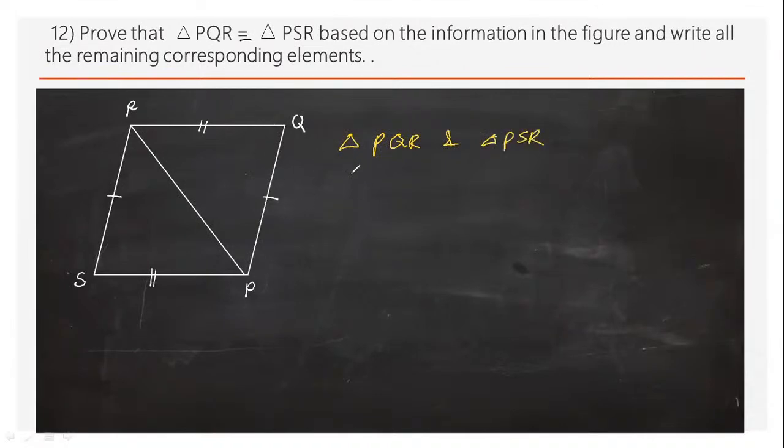So this side RQ equal, these are given information, SP. And the other given information, QP equal RS. What is this? RP is common side.